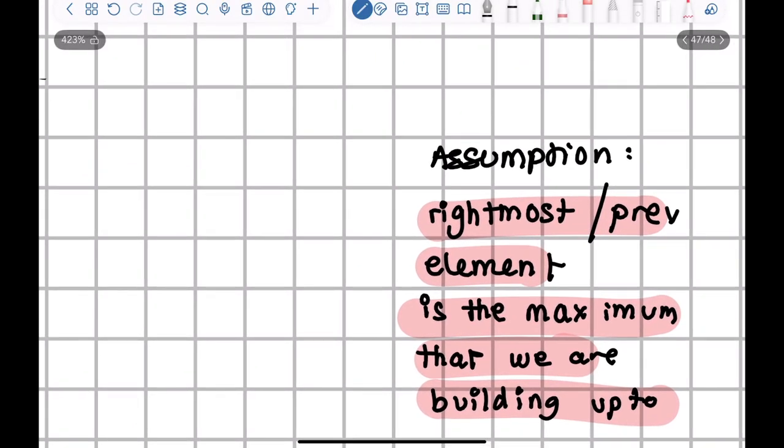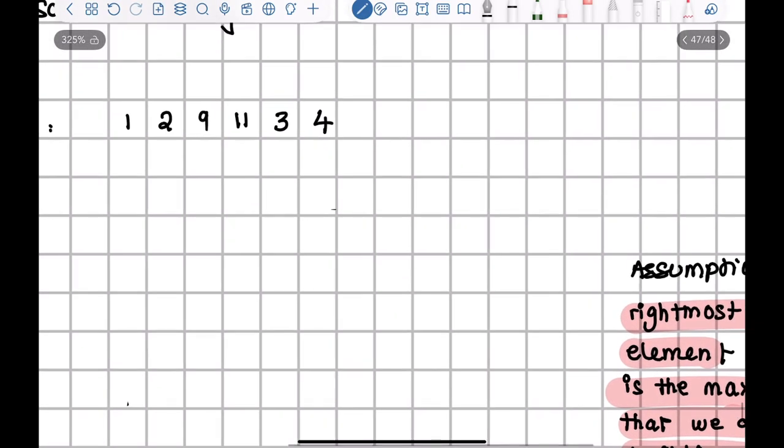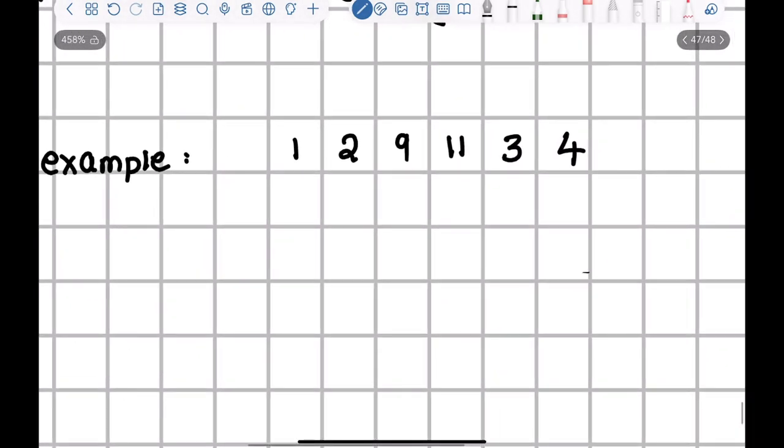So let's just take a very simple example. A simple example would be 1, 2, 9, 11, 3, 4. Here we have two ways. We can either go left to right or we can go right to left. Let's start by going left to right, because iterating an array comes to us always in the left to right order.